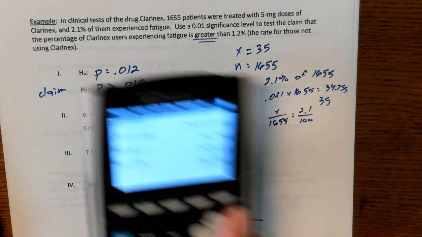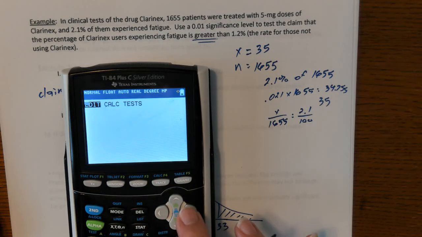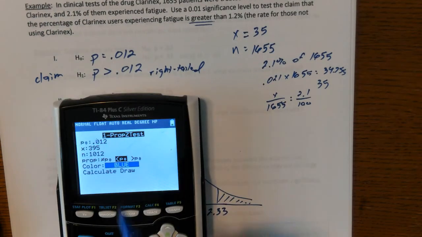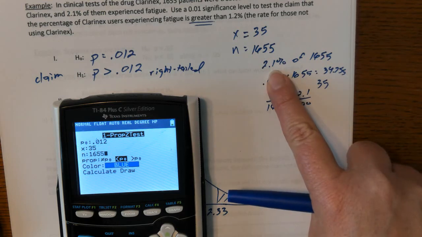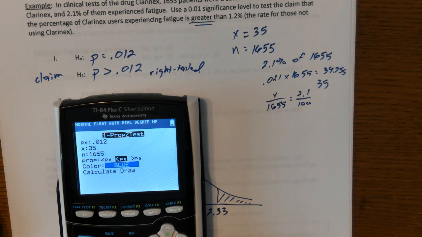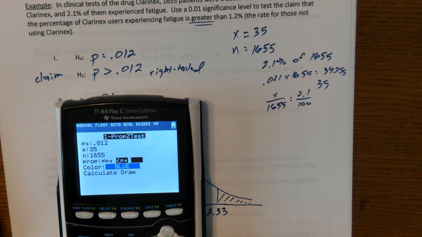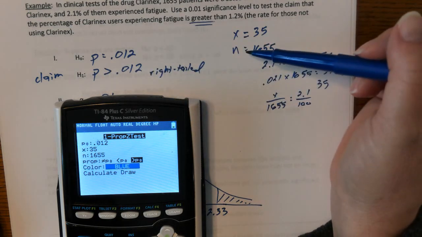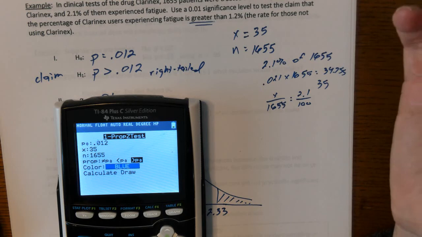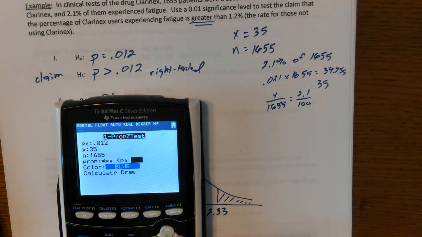That's going to be my X. So in my stat test, option 5, my P0 number, 0.012, my X is 35, because 35 out of 1655 is that 2.1%. Okay. I'm going to pick the greater than symbol, because I'm trying to see if the proportion of people who use Clarinex, if there's a higher percentage of tired people than those in the regular population.